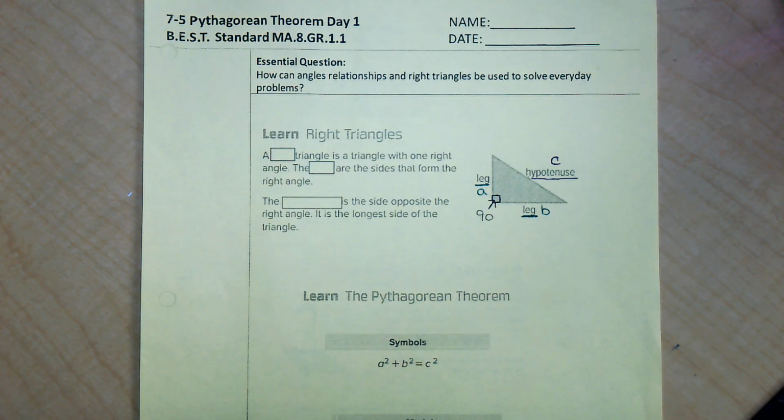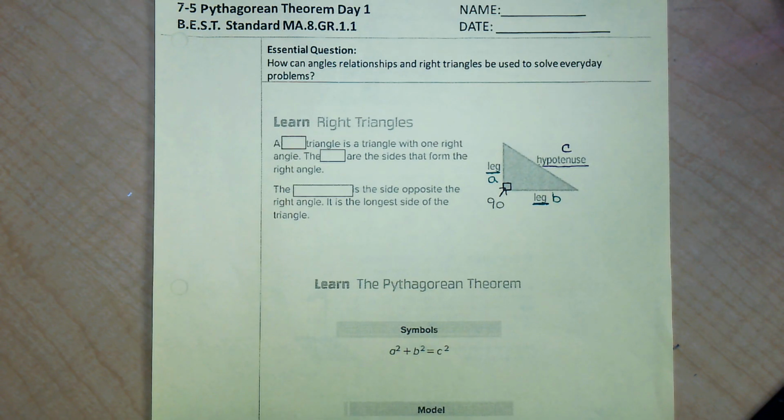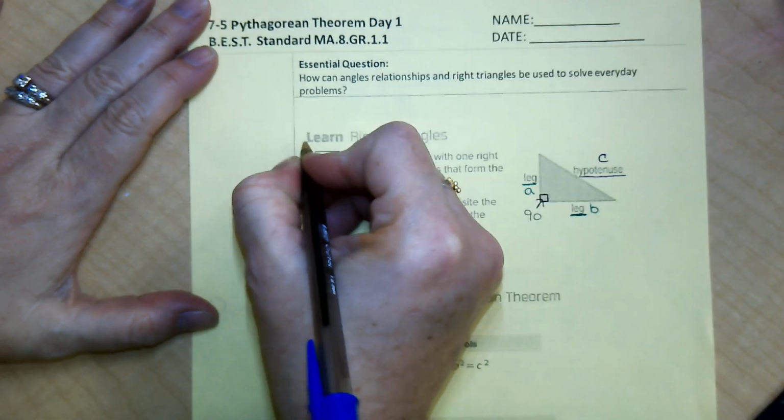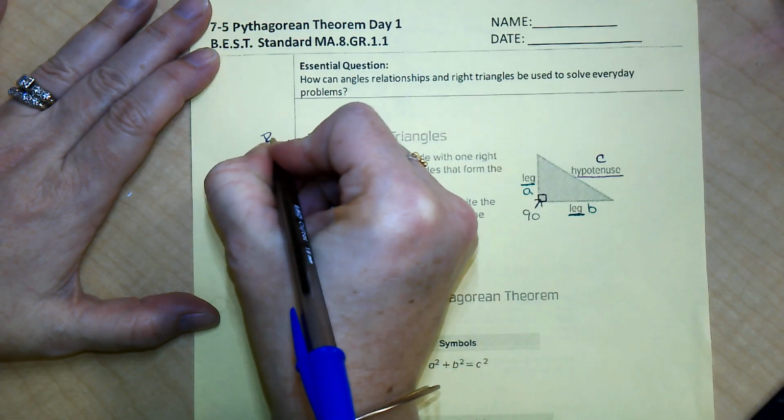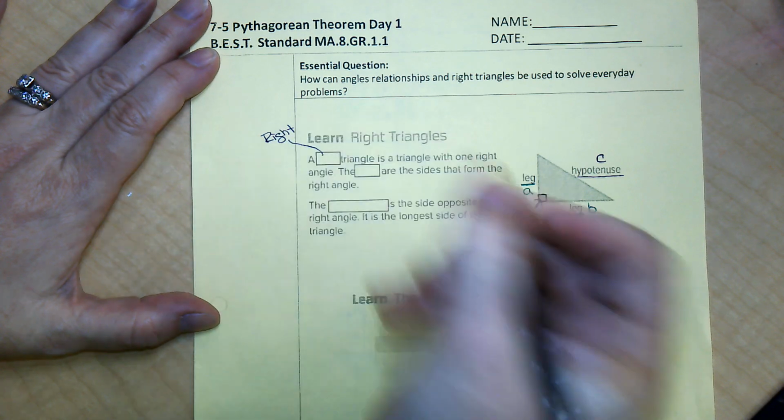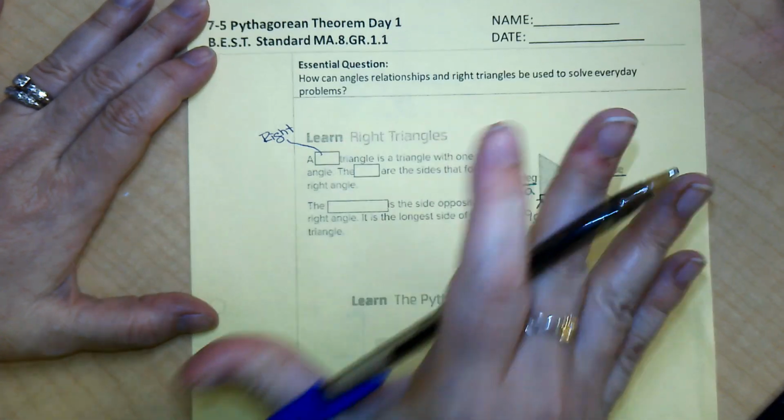We have some blanks here, and we're going to fill them in. Those blanks are kind of small, and you know I like to write kind of big, so I'm going to write outside of the box and draw an arrow to the box that it belongs to. We are talking about right triangles, because they all have right angles, and this only applies to right triangles.